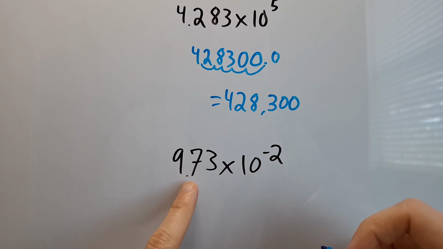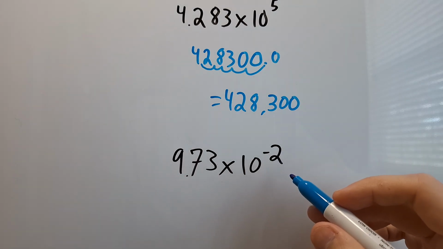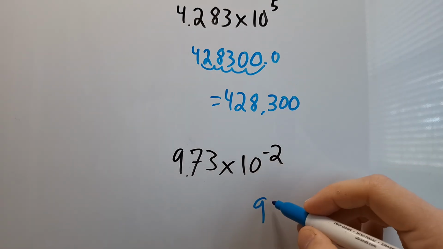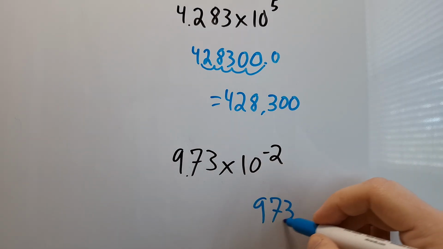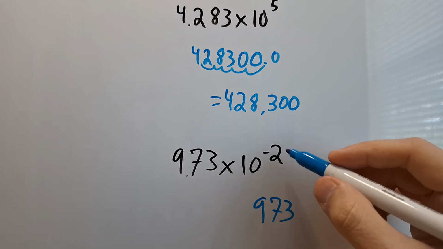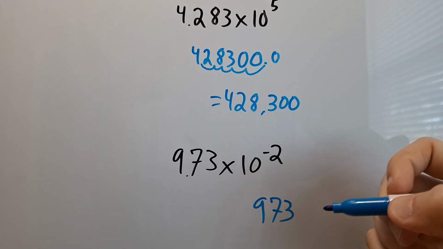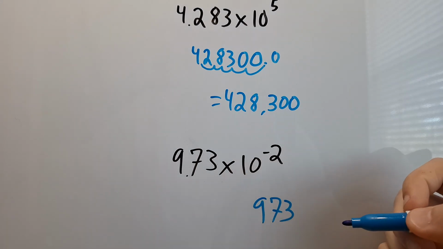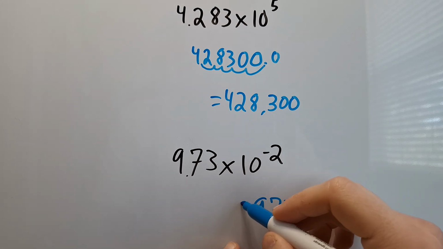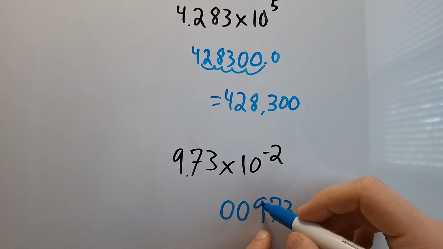Here, we have 9.73 times 10 to the power of negative 2. So what we do, we'll write out all our digits like we did in the last problem. But here, because this exponent is negative, we're going to move, in this case, 2 places to the left. Multiplying by a negative power of 10 will make the number smaller. So what we're going to do is we're going to add zeros to the left of the first number.